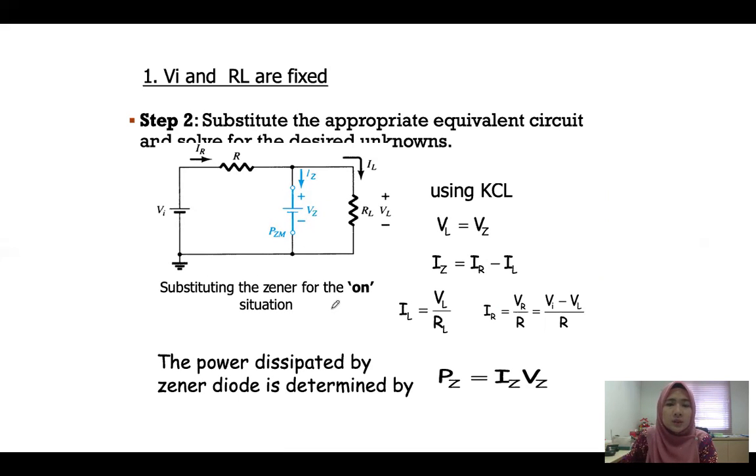By using KCL, you already know that VL equals VZ, and IZ is over here. So IZ equals IR minus IL. IL equals VL over RL, and IR equals this. The power dissipated by the Zener diode is P equals IZ VZ.